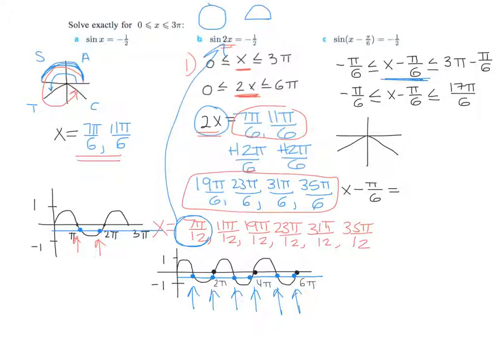So 0 minus pi over 6 is just negative pi over 6. And then 3 pi minus pi over 6 becomes 17 pi over 6. So this is your new domain. Sine of an angle is negative half on 7 pi over 6 and 11 pi over 6.